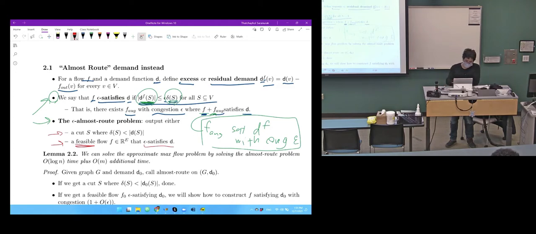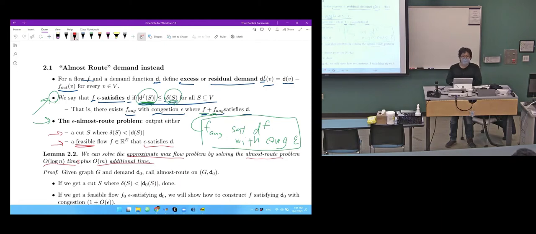And now I want to claim that, as Nikhil said, if you want to solve approximate max flow, you can solve it just by calling this almost route subroutine log n many times, with just a linear additional time.